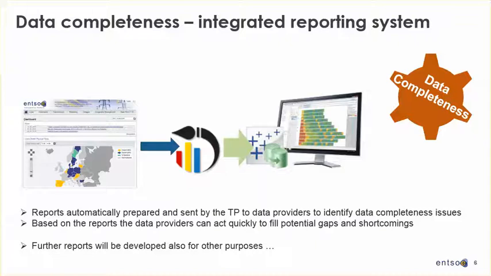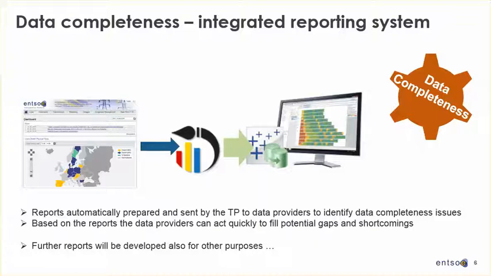So here we are. The reports are automatically prepared and sent by the transparency platform to data providers to identify data completeness issues. So you've probably already been receiving some reports which are supposed to be helping you to understand or identify potential issues that you're having in delivering the data to the platform.